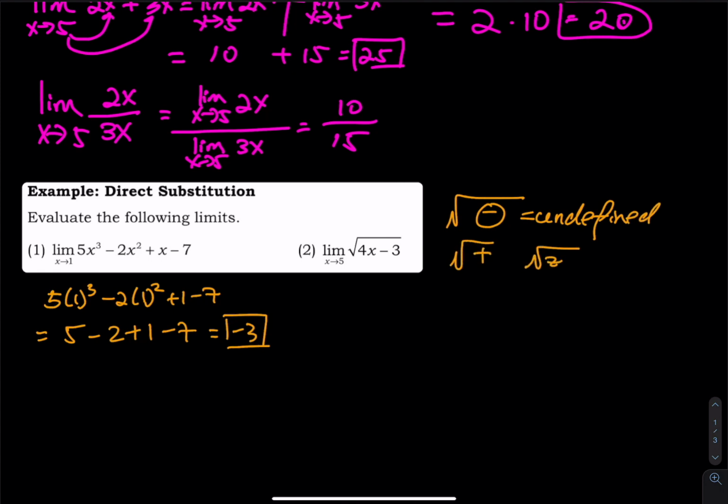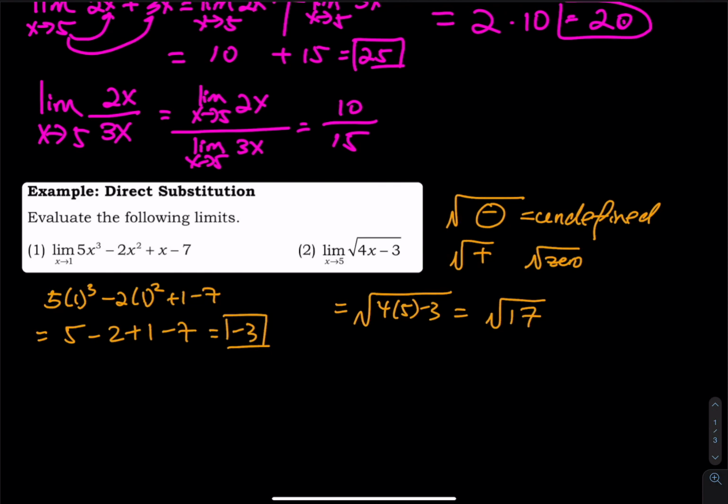The square root of 0 is okay, but the square root of a negative is undefined. But if you plug in a 5, do you get a negative? No, you're not going to get a negative. So you just plug in a 5. That is 4 times 5 minus 3. 20 minus 3, you have the square root of 17. Yes, you don't need to take out a calculator to approximate this. We are not in algebra class. In calculus, root 17 is root 17.